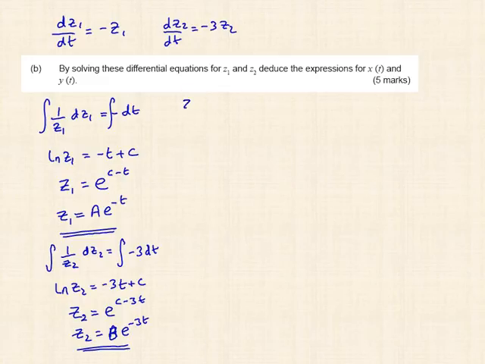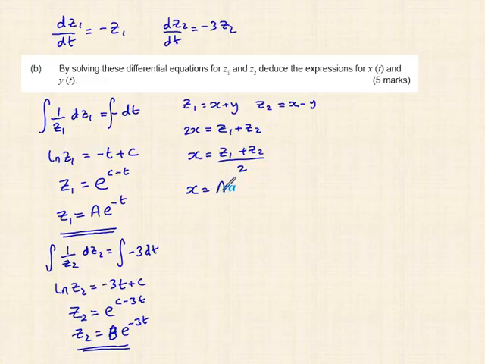Now, z1 is equal to x plus y, and z2 is equal to x take away y. That means that 2x would be equal to z1 plus z2. So x is z1 plus z2 over 2, and therefore x is a e to the negative t plus b e to the negative 3t, all divided by 2.